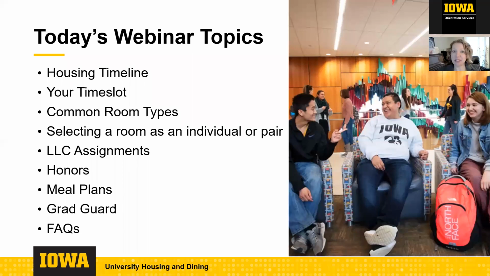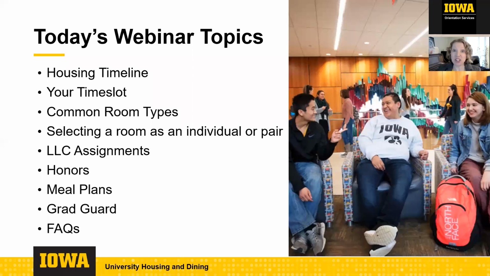We'll discuss living learning community assignments, provide you all with some tips and tricks if you might be an honors student, talk about meal plans, overview Grad Guard, and then jump into all of your frequently asked questions that you all have. A number of you submitted them online prior to this evening, and so thank you for helping us get the conversation started tonight.